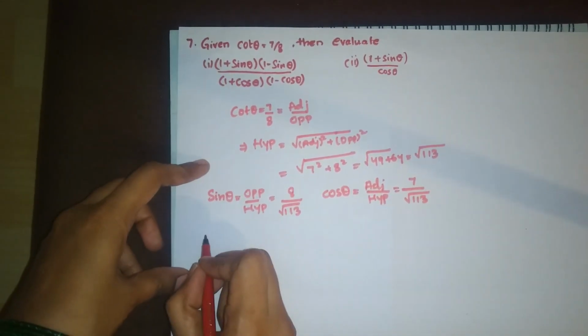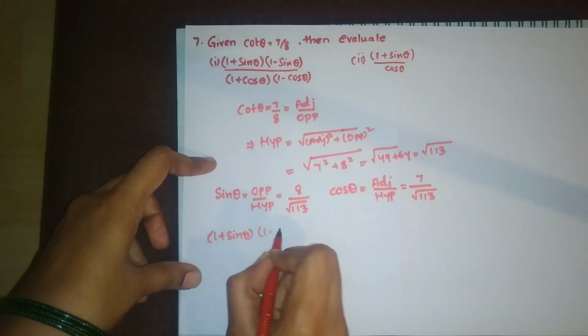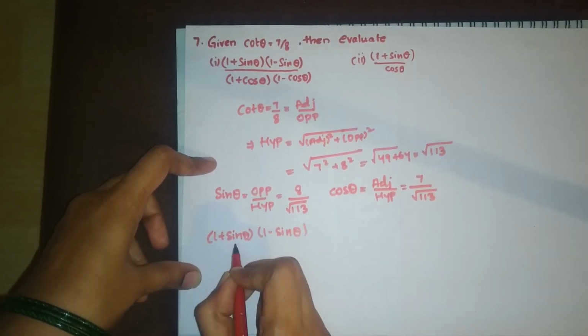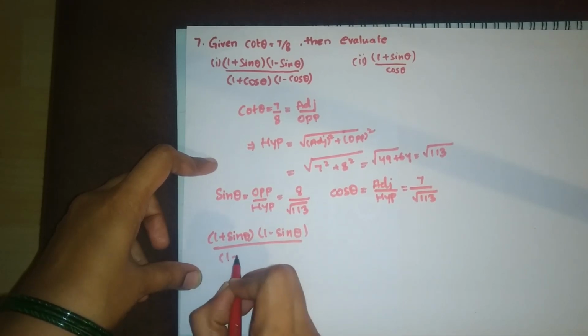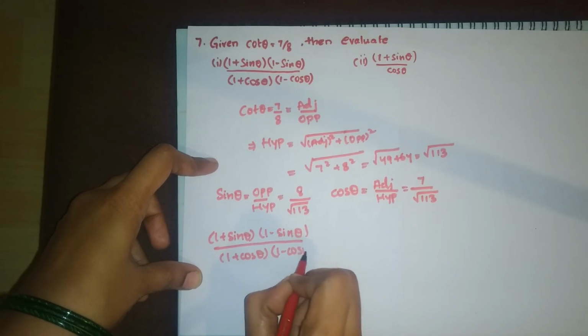Now, let's consider this: (1 plus sine theta)(1 minus sine theta) divided by (1 plus cos theta)(1 minus cos theta).